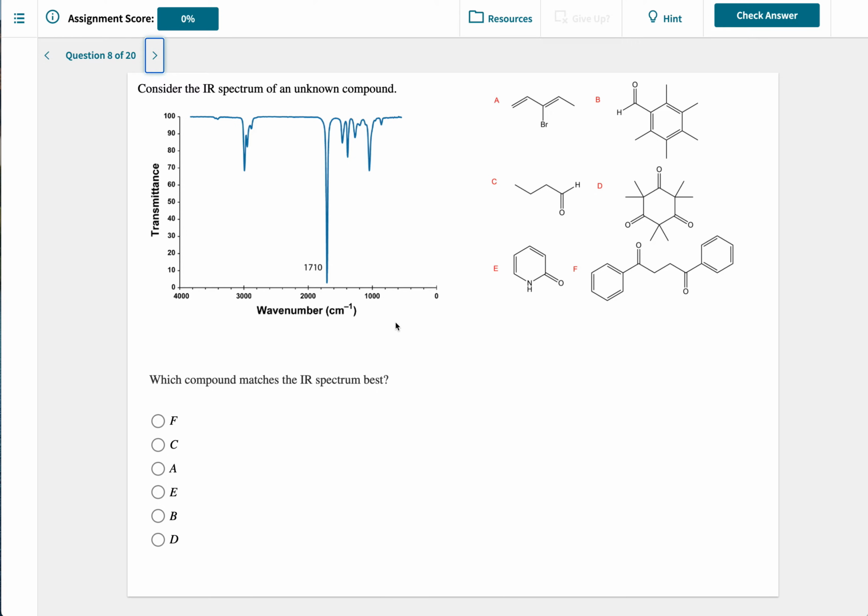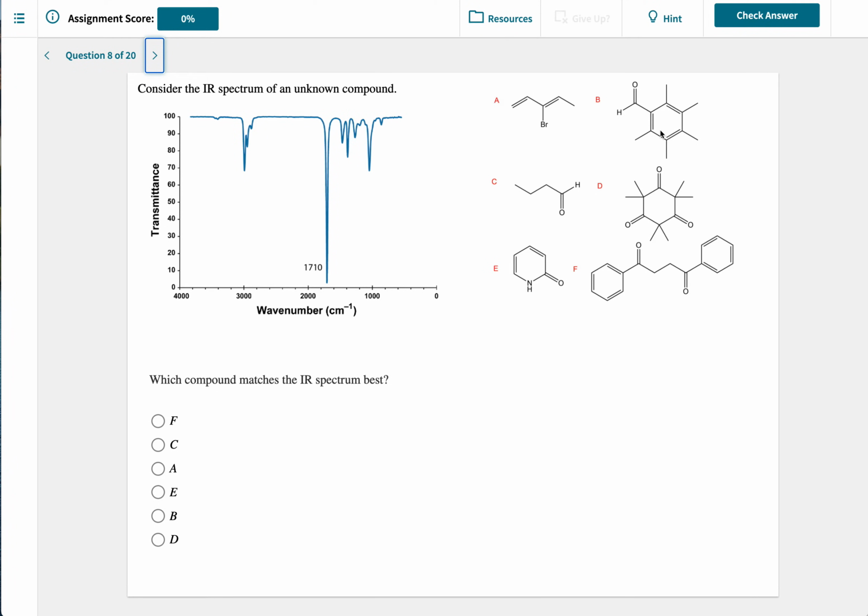And here's a pretty similar one. This one's actually really tricky. It's a funny looking spectrum because the scale is kind of stunted and it's a little different than normal, but there are not very many peaks in this spectrum. We have this pretty strong peak at 1710, and you need to figure out what that corresponds to. And you've got these 6 different molecules to choose from. You have alkenes.